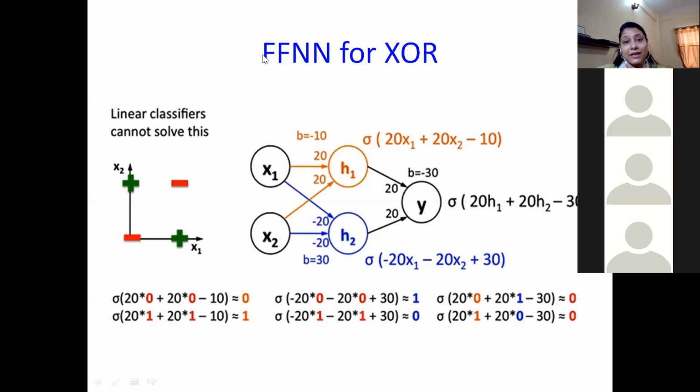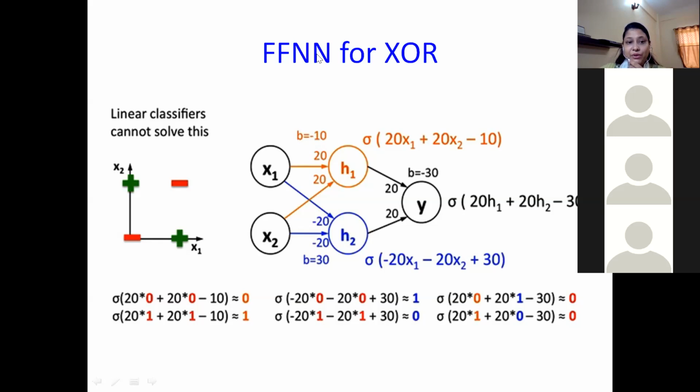And if we are getting a positive output, that means the output is greater than 0, then we can label that output as 1, as the class level 1. Since we are getting minus 10 here, this class level must be 0. That means the output is 0 here. Here we are getting 20 plus 20, that is 40, minus 10, that means plus 30, which is positive. So we can approximate that class level by the output 1.